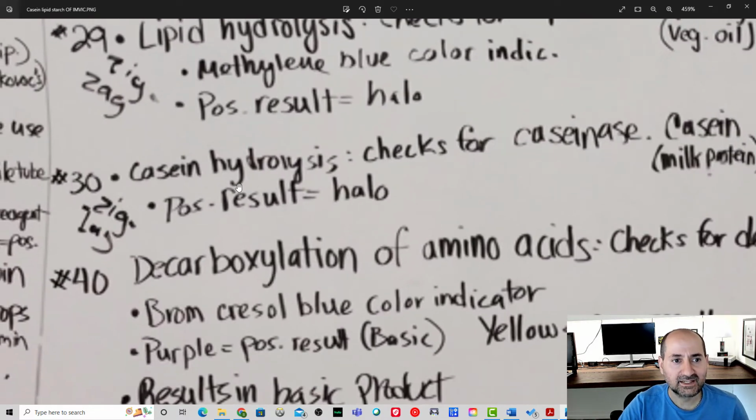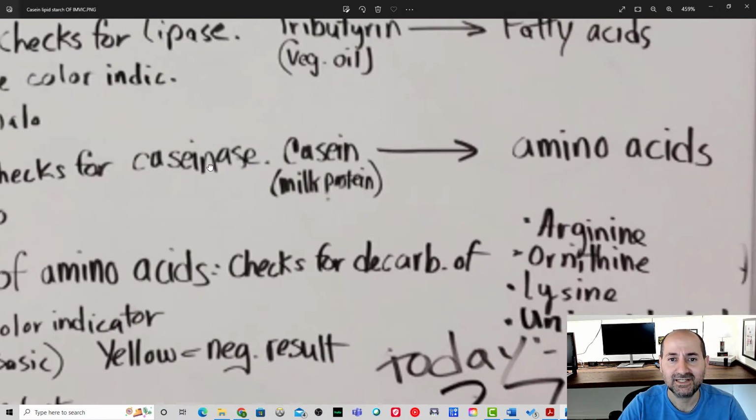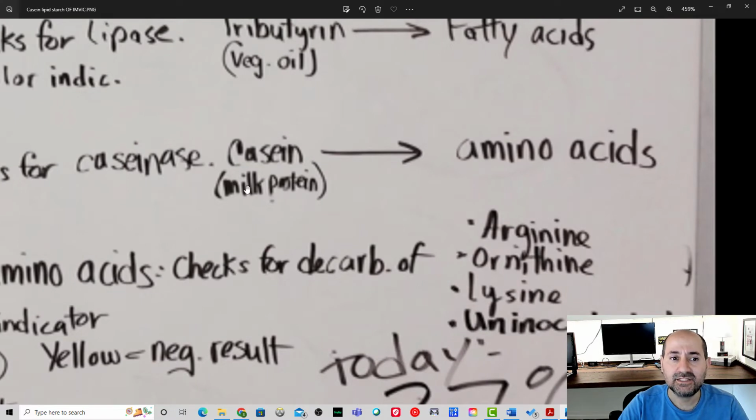Okay, and then lastly here, casein. Remember, this is called the skim milk plate or the casein hydrolysis plate. This tests for the enzyme caseinase. Casein is a major milk protein, and the plate has milk mixed in. So skim milk is mixed into the agar.